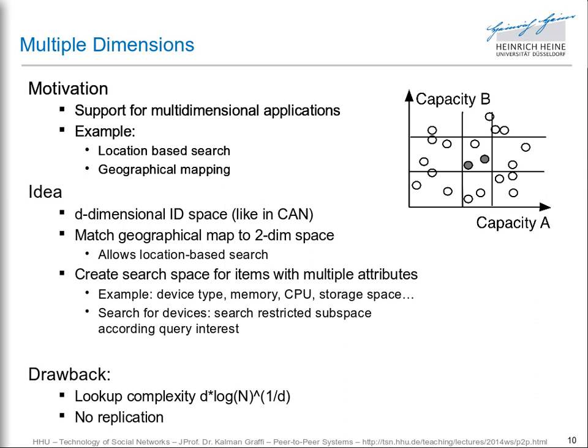We have lookup complexity, which increases because of these multiple dimensions, which is now d multiplied by log n to the power of d to the power of -1, and we have no replication. Yes, and it's difficult to implement it.